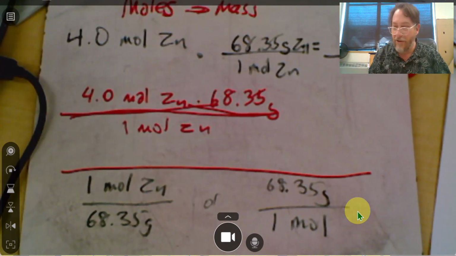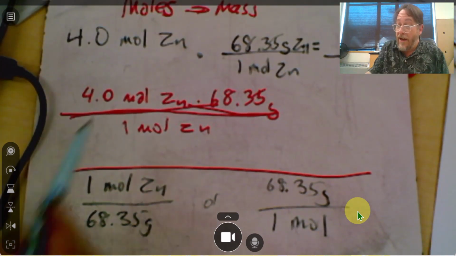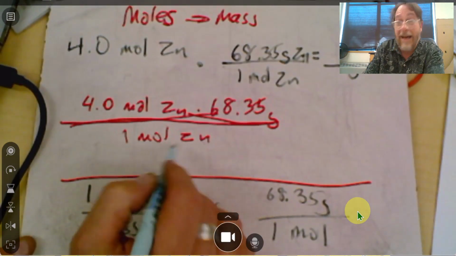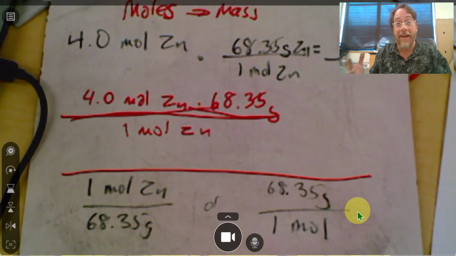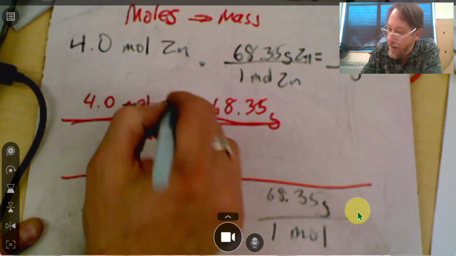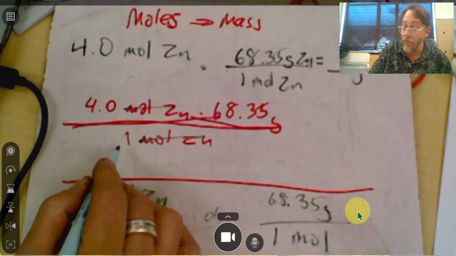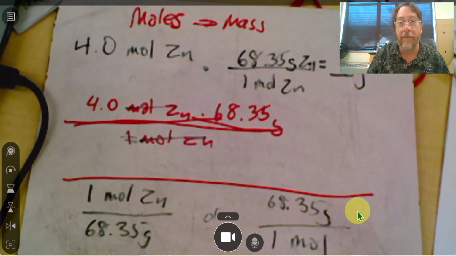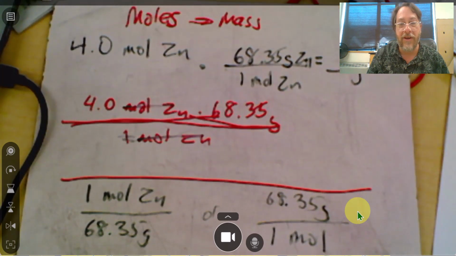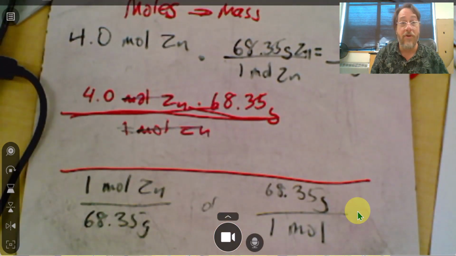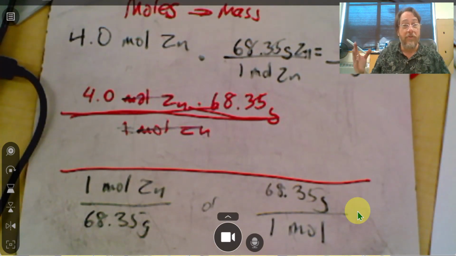Friday afternoon, I'm sorry. Anyway, so as you can see, we have moles of zinc over moles of zinc here, and so that turns that into 1. Anything over itself is 1, so I can cancel those out. And so all we're left with is 1 underneath, which we can also ignore, right? Anything divided by 1 is just itself. And so really, we have 4 times 68.35 grams, which makes sense.